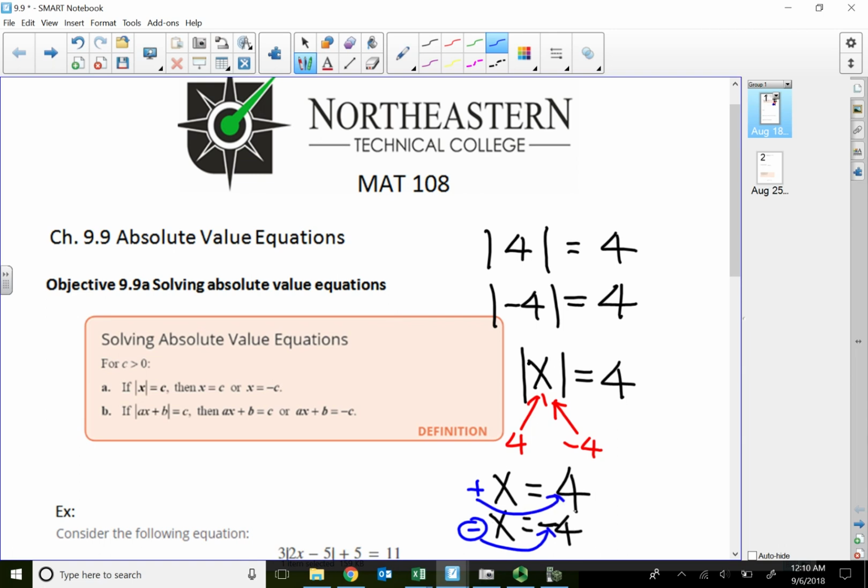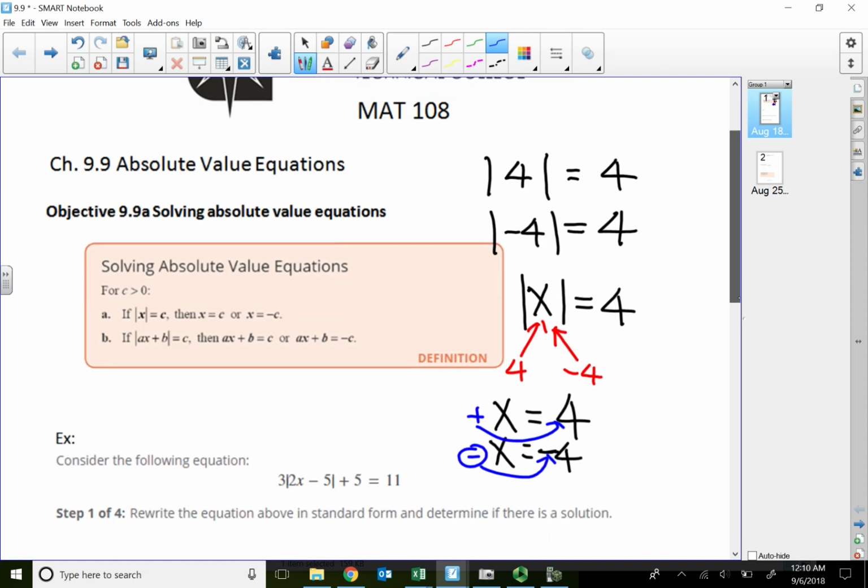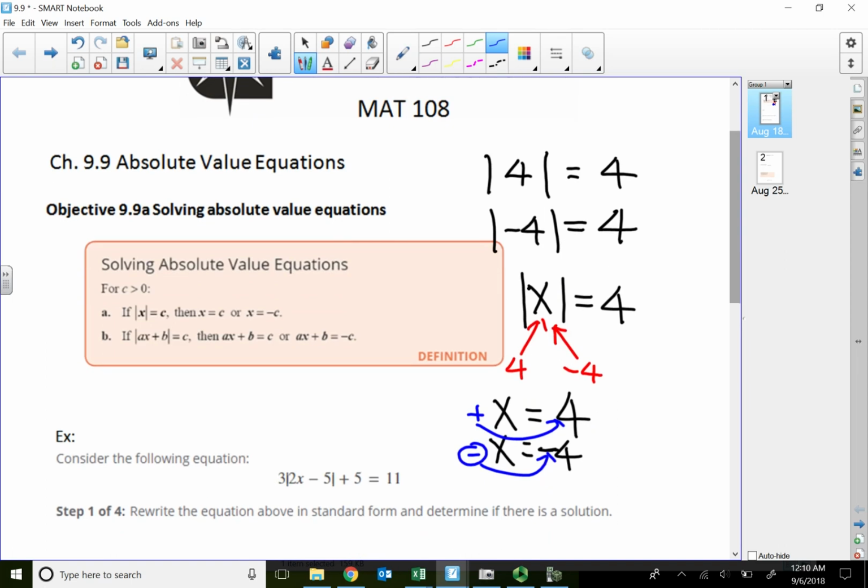That's the reason why when I first wrote my x, it's actually referring to a positive x equal to negative 4. That's what this definition means. So rather than having a negative sign on the variable, we put it on the other side, on the constant, the other side of the equal sign.